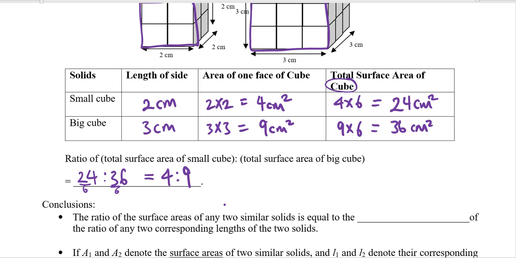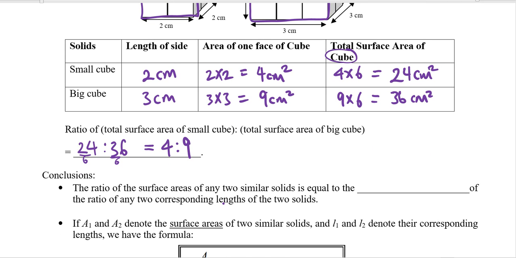Now, if you look at the ratio 4:9 and compare it to the length of the side 2:3, again, the surface area of any similar solid, of course they have to be similar first, is still equal to the square of the ratio of the corresponding length.